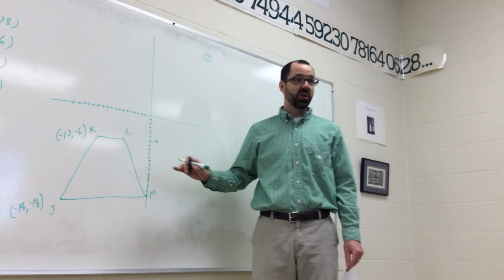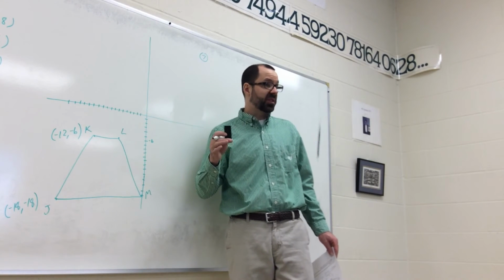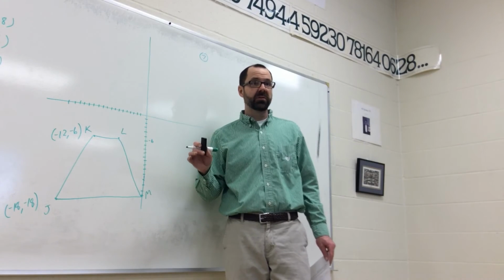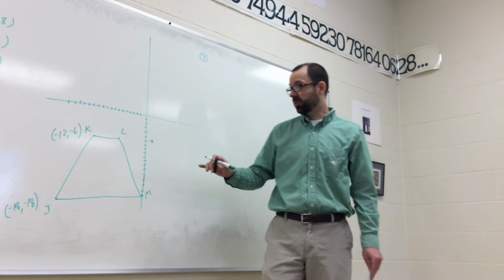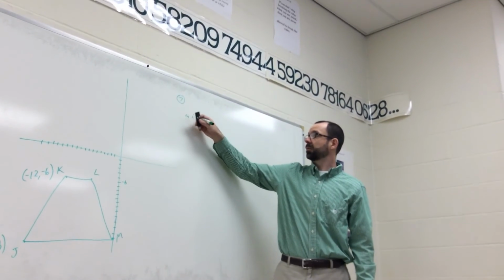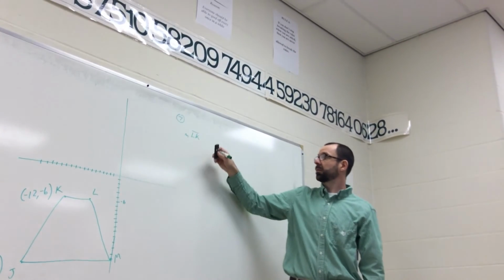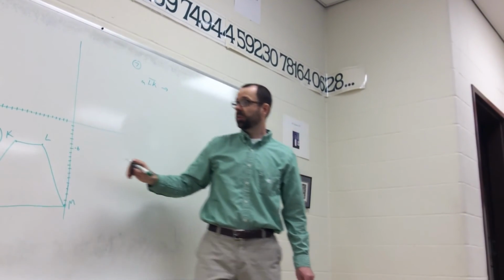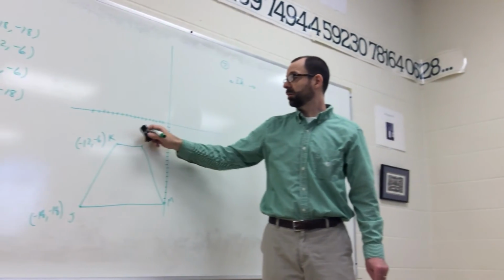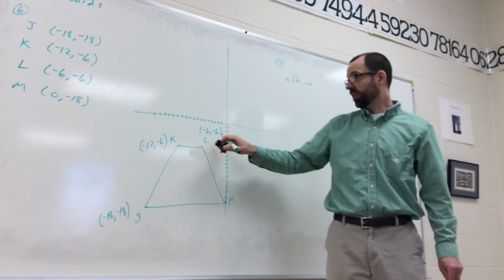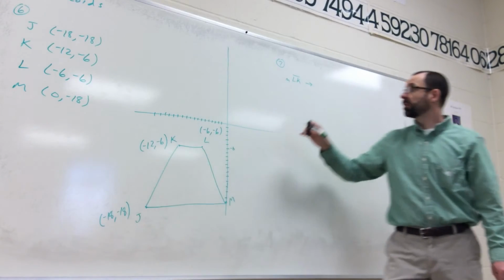Slope formula, right? Because if two lines have the same slant, if two lines have the same slope, then they're parallel. Okay, so I'm going to find the slope between L and K. For slope, you do y minus y, so -6 minus -6.